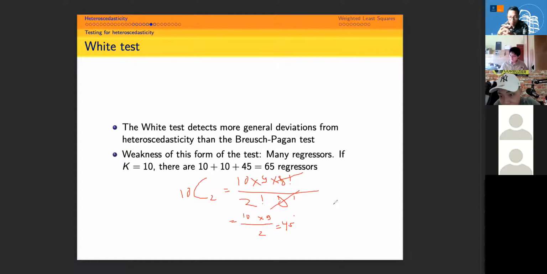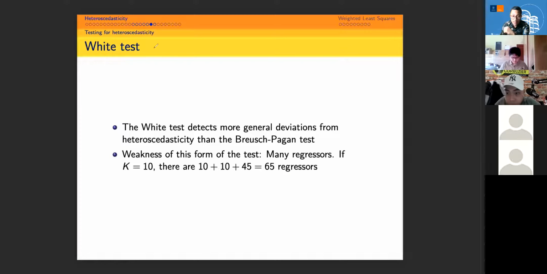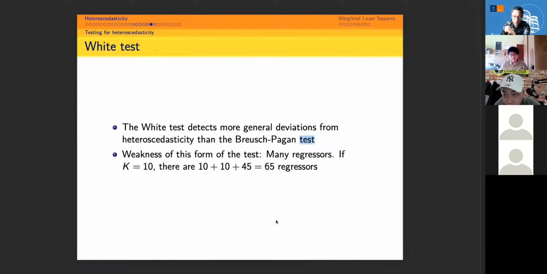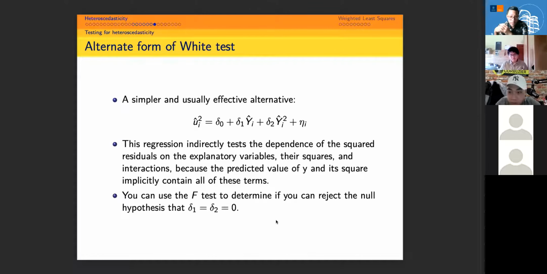Okay, so econometricians then identified an additional test, which is called the alternative White test, or the alternative form of the White test. It's a simpler and usually more effective alternative to the White test.